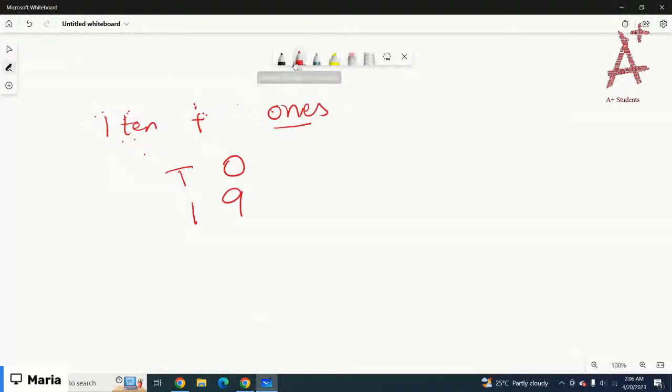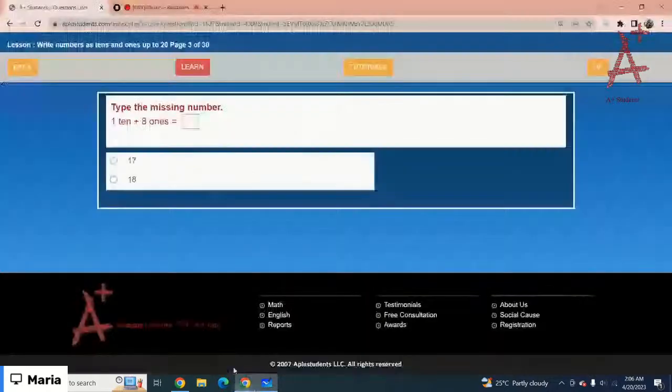Got it? The digit at the ones position is 8, so it makes 18. Yes, that would be 18. So just select the correct option, then click on the OK button.